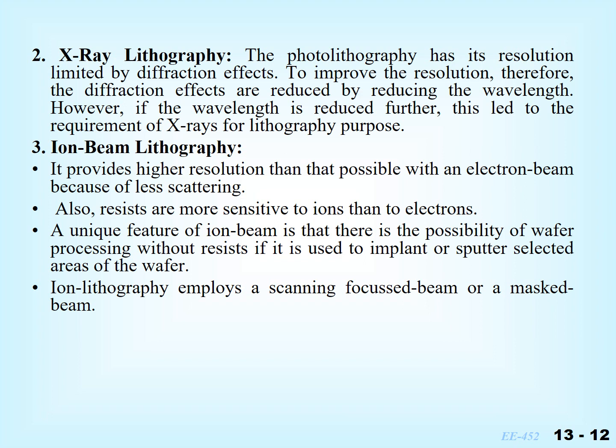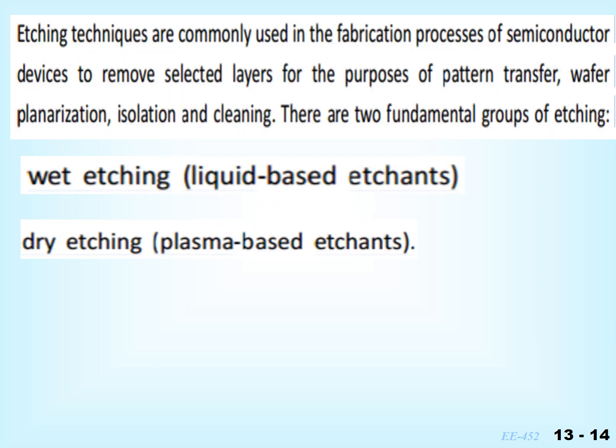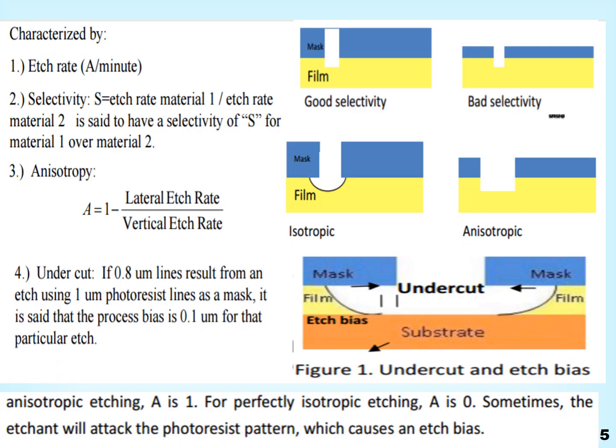Followed by lithography, now we have to remove the silicon dioxide from the selective regions. For removal of silicon dioxide, etching is the process which is used. There are two techniques: one is the wet etchant, and the other is the dry etchant.